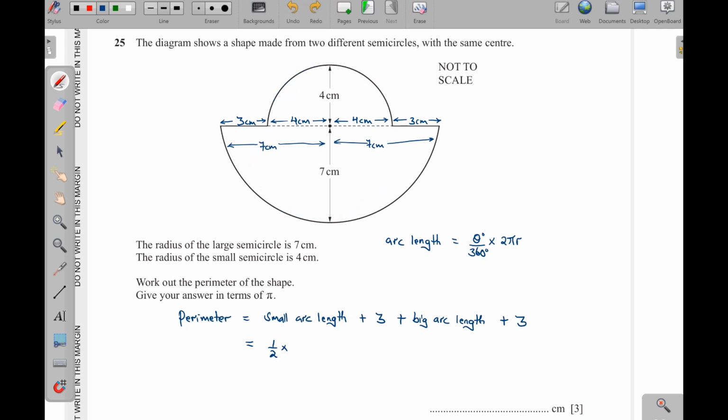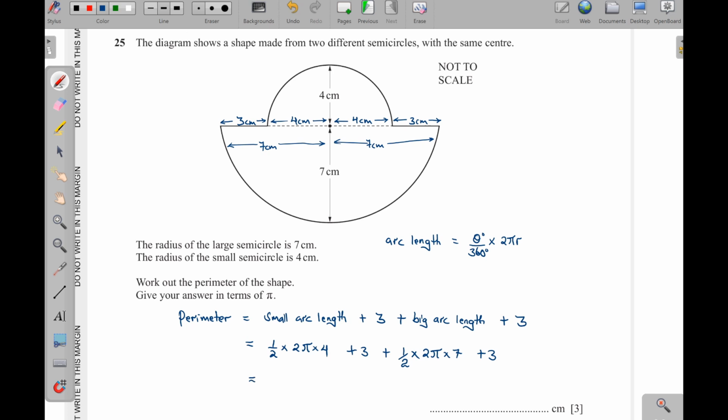So the circumference is 2 pi, then r is 4 for this one here, then plus this 3, then plus for the big circle, that arc length is going to be a half, then times again 2 pi r. So 2 pi, but the radius of this one is what? 7. So times 7, then plus the 3. You see that?